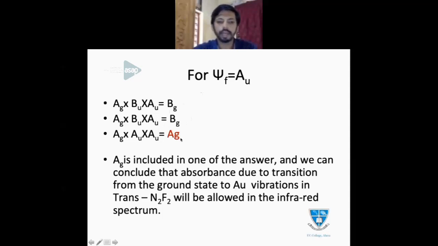So here we can see that Ag is included in the final answer. So the Ag to Au transition is allowed in the infrared spectrum. Again for Bu, we can see that the product contains Ag, so the Ag to Bu transition is also allowed in infrared spectroscopy.